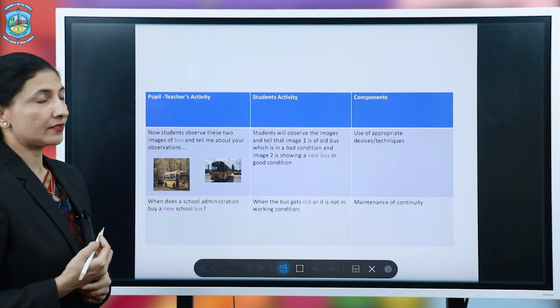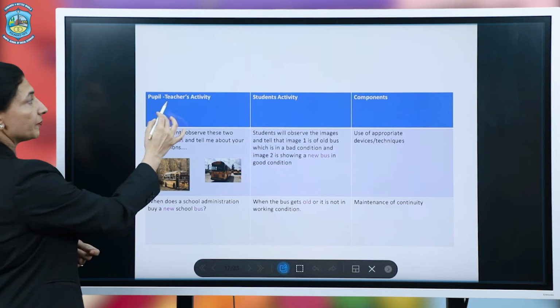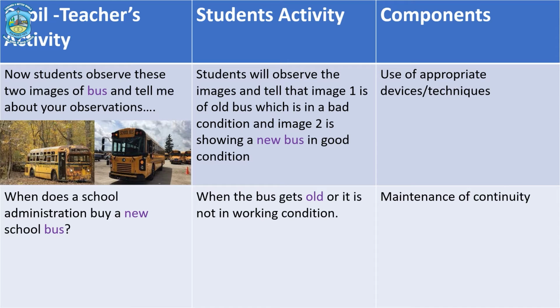Now, here you can observe the component which is used as the previous knowledge. Now, the next question, under pupil teacher's activity, is, now students observe these two images of bus and tell me about your observations. So, what are the students going to do now? Under students' activity, students will observe the images and tell that image 1 is of an old bus and image 2 is of a new bus.